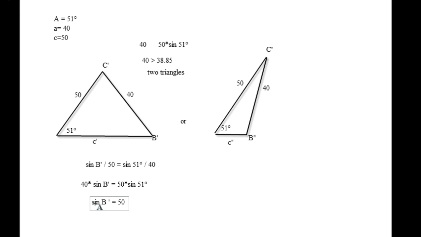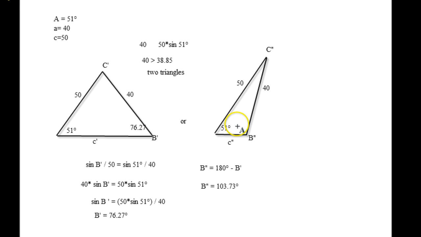So 50 times the sine of 51 degrees, and I'm going to divide that by 40. Now I'm going to do the sine inverse, or the arc sine, of that side, and I get 76.27 degrees. So this is 76.27.